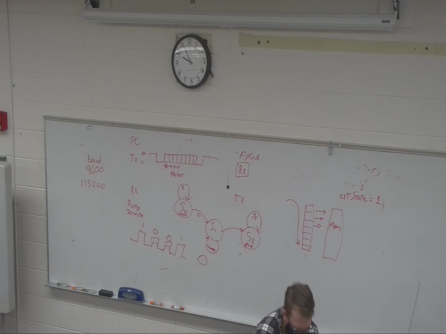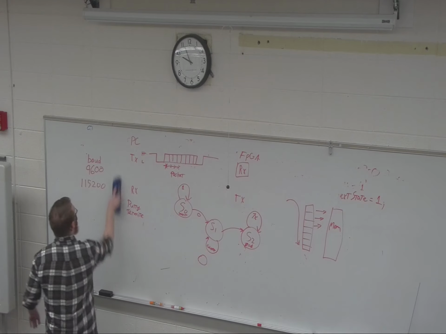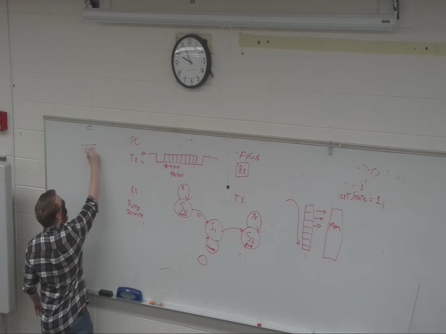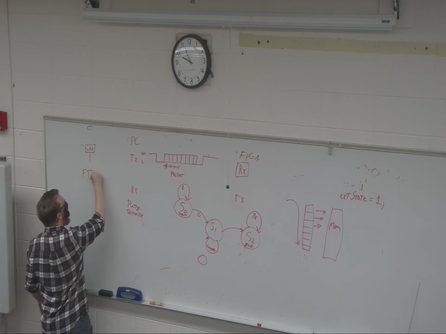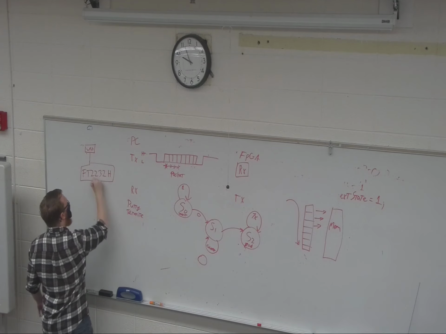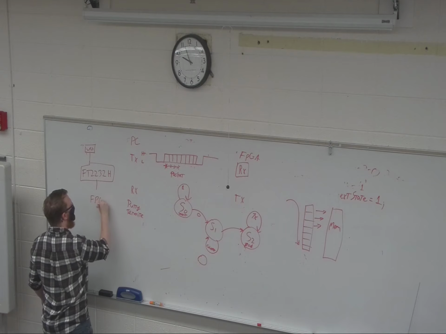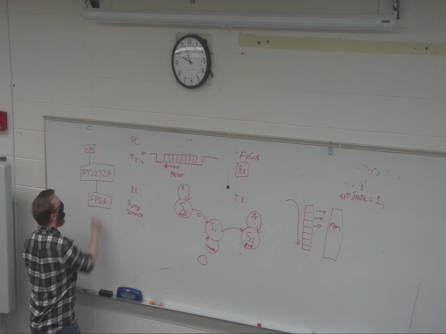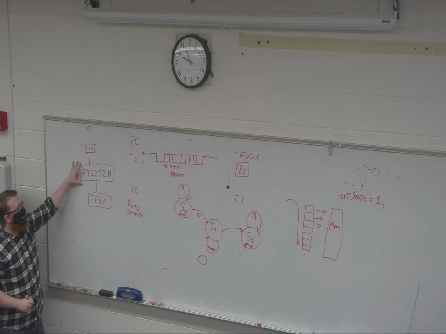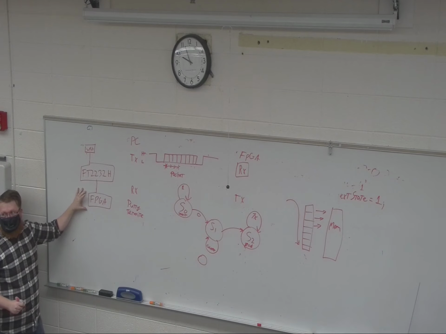So part of the lab is writing up a diagram of what this looks like. That part that the USB plugs into goes from the USB to this part called the FT2232H, and then into the FPGA.